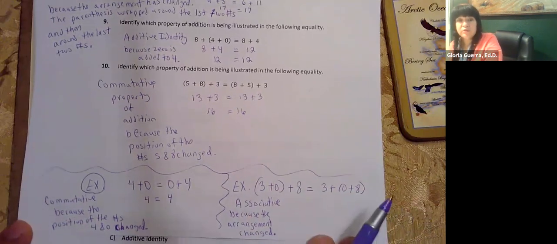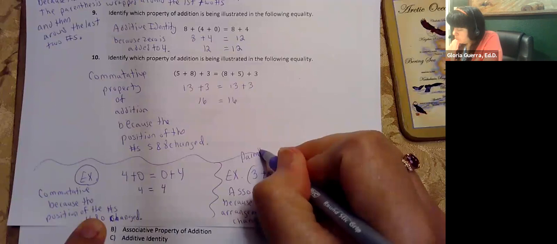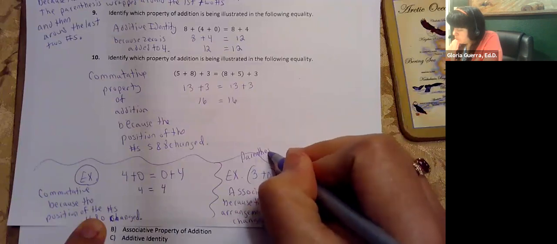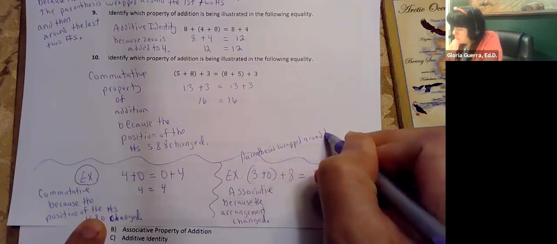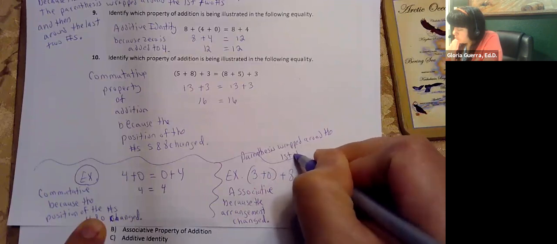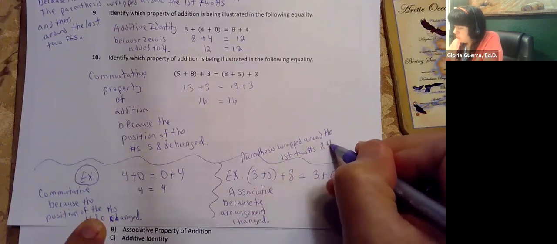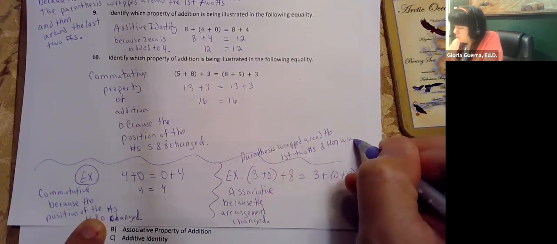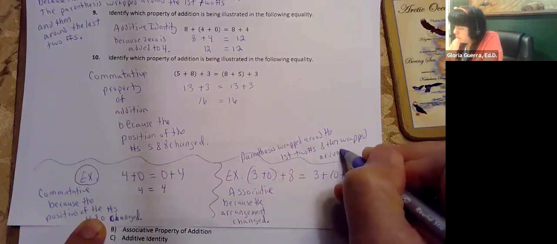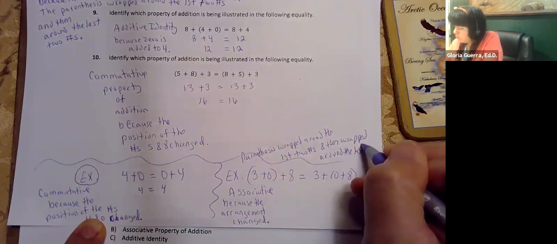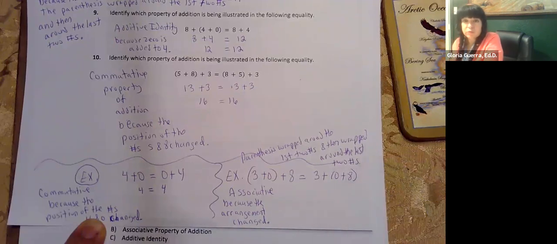Okay, so you see the parentheses wrapped around the first two numbers, and then wrapped around the last two numbers.